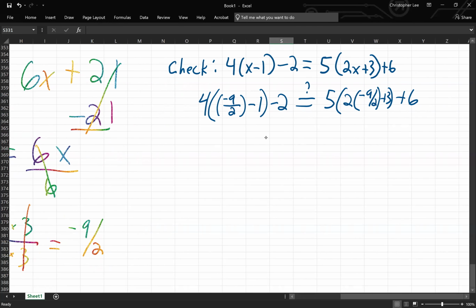Okay. So all I'm doing is I'm taking the answer that we got and I'm plugging it in for x, right? Because it's from the original. So this is the original right here, and I'm just plugging in our answer, the -9/2 for x.